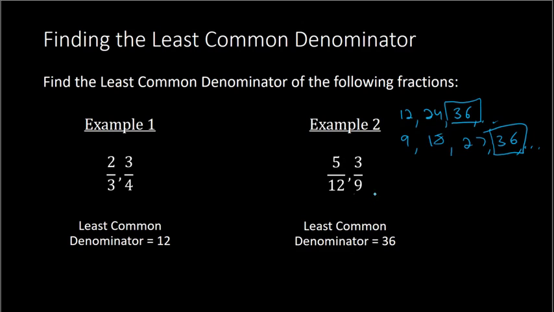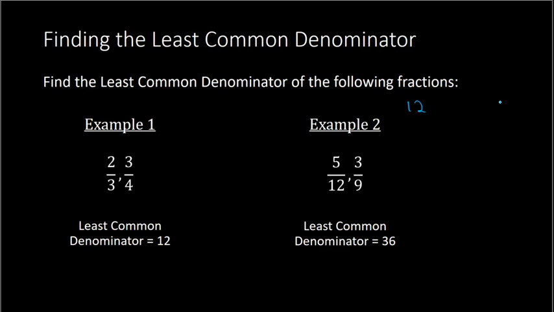But I want to show you the other method of finding the least common denominator. We have done this in the past, but this is more to remind you of how to do it. So what we do, remember, is we take the numbers 12 and 9, and I can write them as a product of prime numbers.